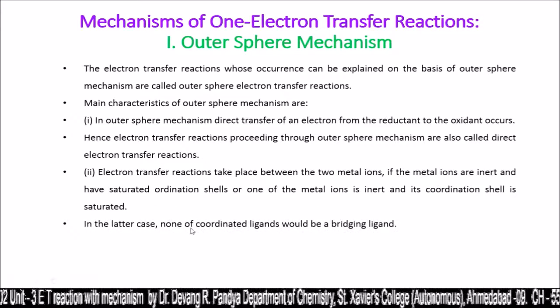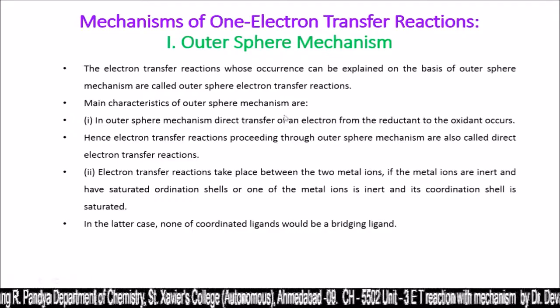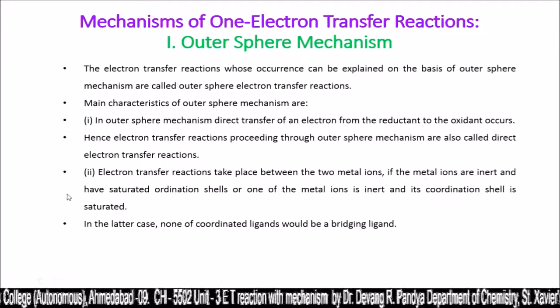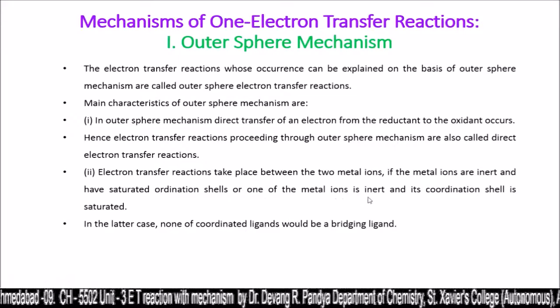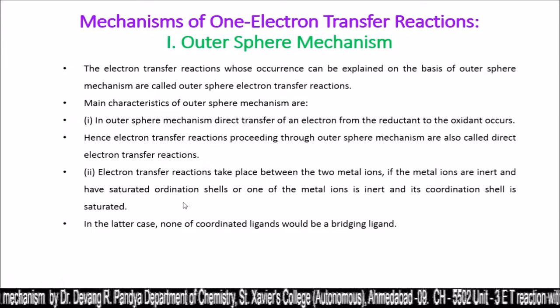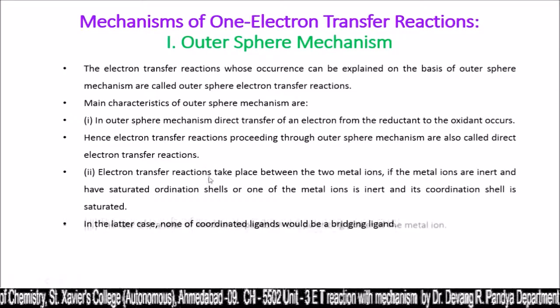In the latter case, none of the coordinated compounds would be a bridging ligand. Here there is no bridging ligand and both the metals should be inert. Their coordination shell should be saturated, and there is no chemical change during the process. That is outer sphere mechanism.